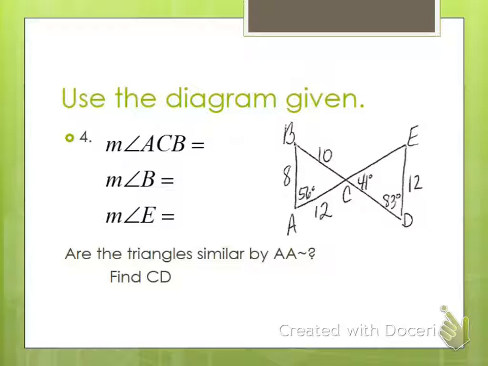So for this diagram, we've got two triangles that meet at point C in the middle. We have a few different sides labeled. All the sides in ABC are labeled with one angle labeled. In triangle CED, we've got one side labeled and two angles labeled.